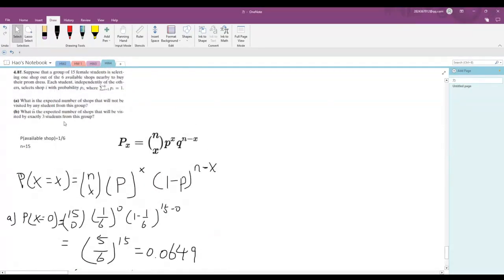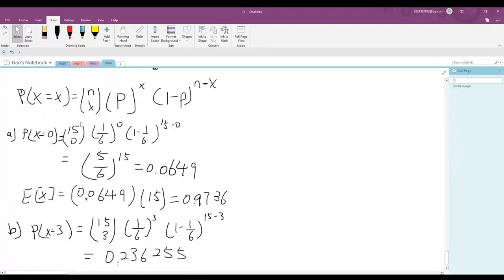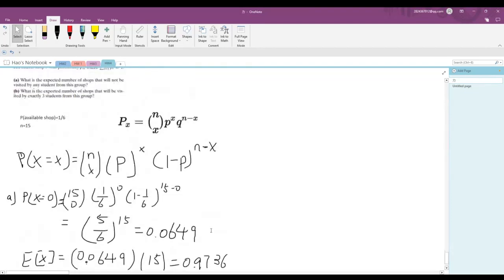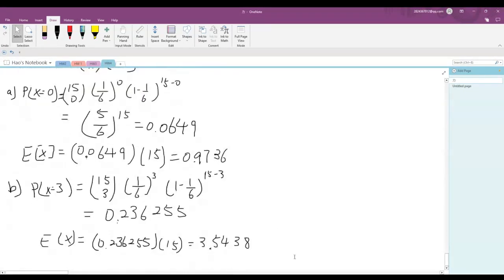And then for part B, it said exactly 3 students, you do the same. This time, x equal to 3. Then you plug in the numbers to get 0.236, and then times 15 to get the expected number 3.5438. They only ask for the expected value for a particular case, huh? Interesting. Okay, nice. Binomial.